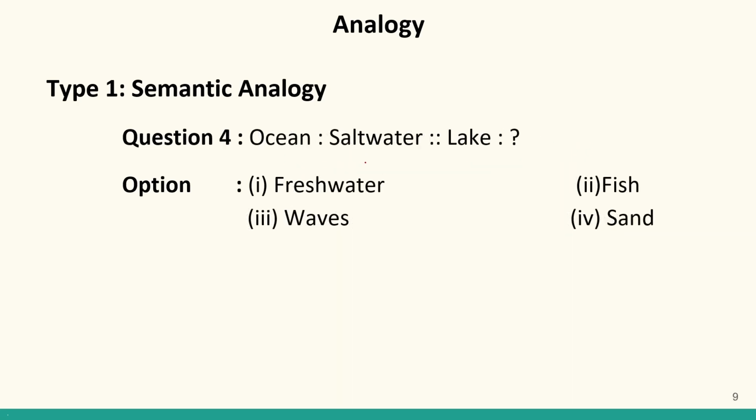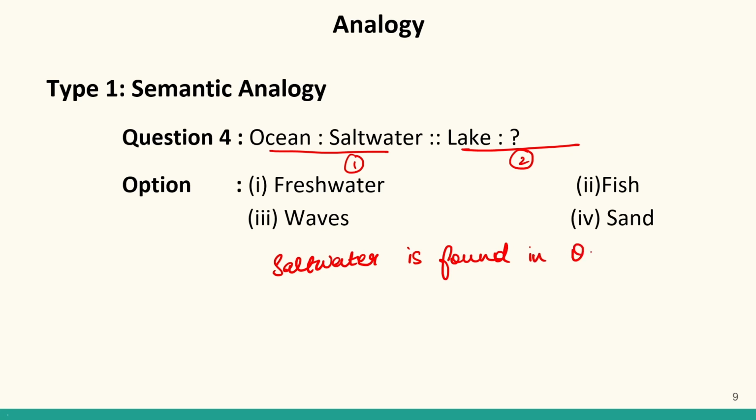Now, ocean is to salt water, lake is to what? This is the first pair and we have to complete the second pair, right? So ocean is to salt water. I can say that salt water is found in ocean, right? The ocean is made up of salt water.